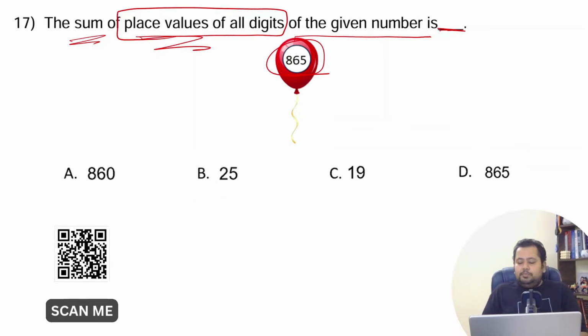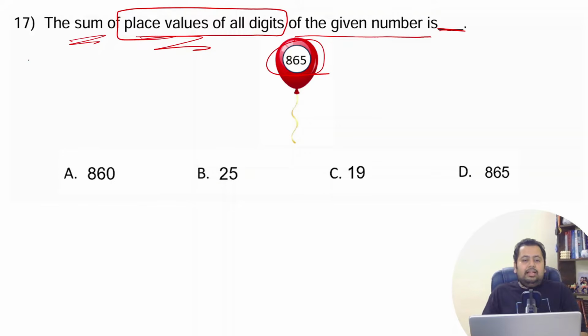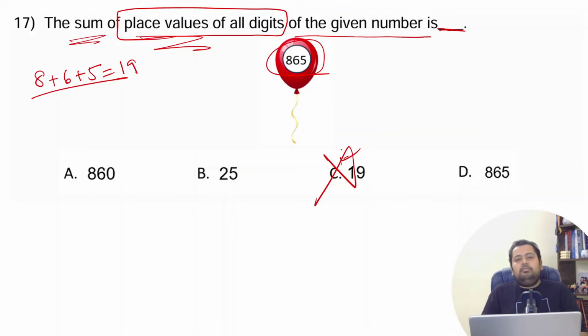Great. So many times people get confused over here and they do the sum of 8 plus 6 plus 5, which comes out to be 19, and they will tick C as the answer and think that they got it correct, but it is not correct, right? What you have to do is this: the place value of the ones digit is 5, correct?